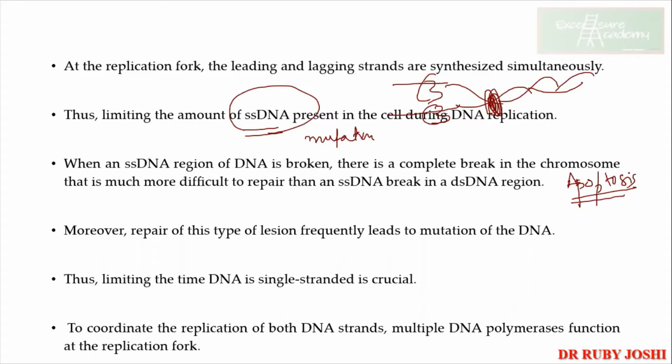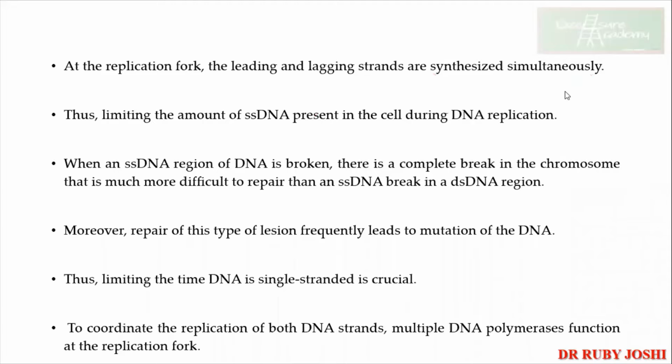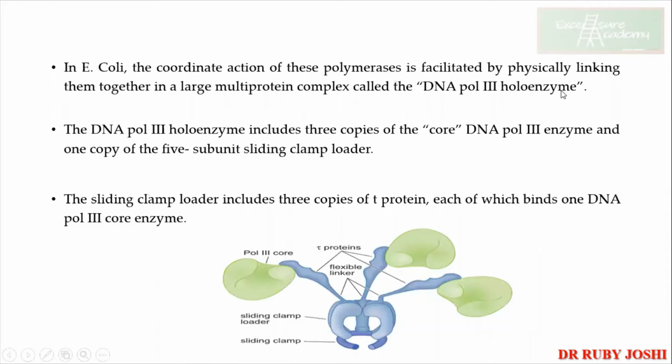Okay, yeah. Now, moreover, repair of this type of lesion frequently leads to mutation in the DNA, and that's why limiting the time where the single-stranded DNA is present is crucial. So to coordinate the replication of both strands, multiple DNA polymerases function at the replication fork. Now we'll see that एक बार में कितने DNA polymerase हमें लगते हैं, ठीक है?